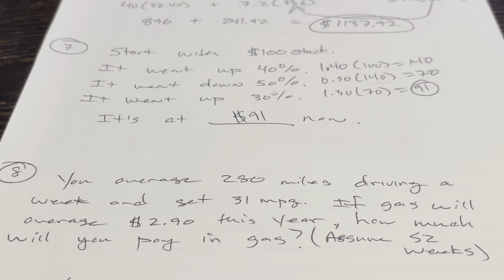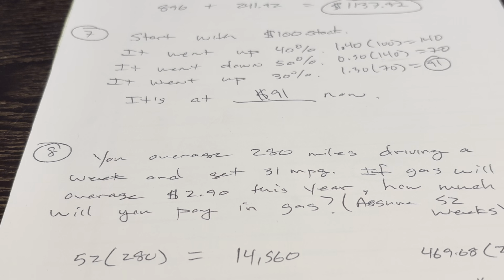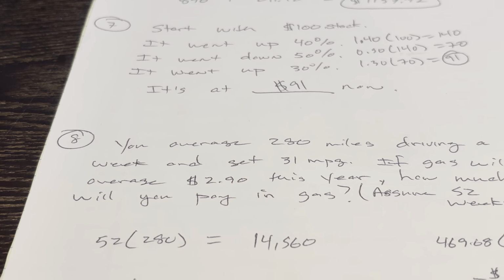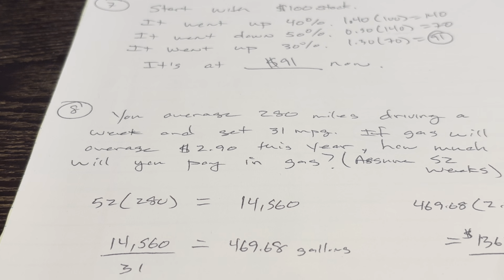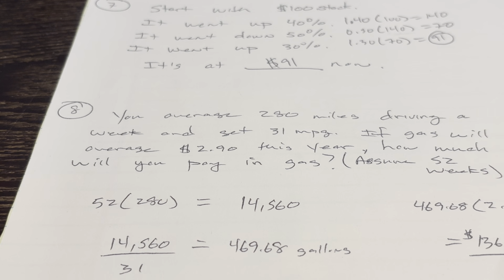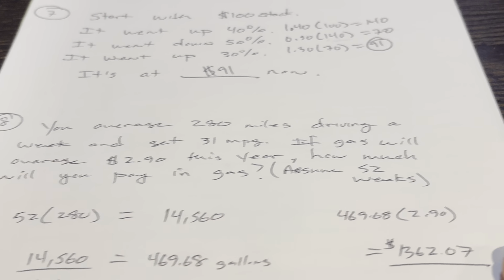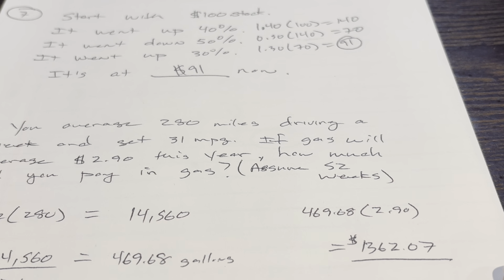So figure out how many miles you're driving. That's 52 times 280, which is 14,560. How many gallons are you going to need roughly? Divide that by 31, so 469.68. And we take how many gallons multiplied by the average price of gas, $1,362.07.